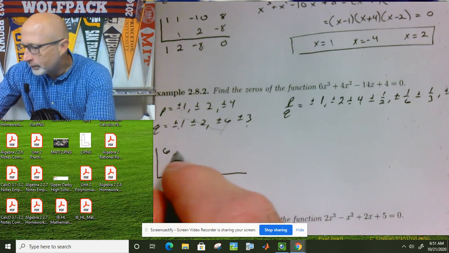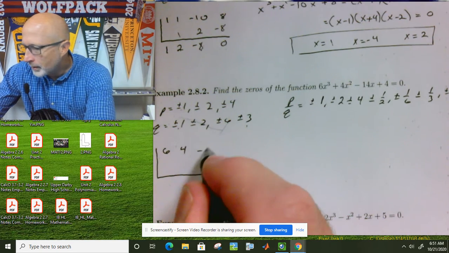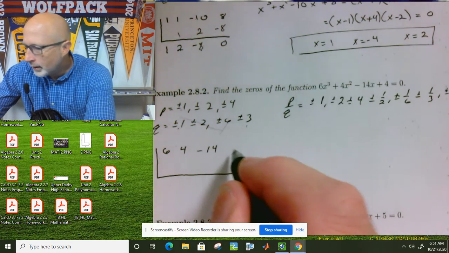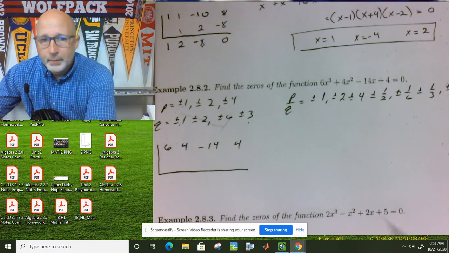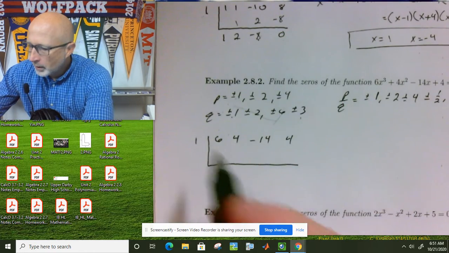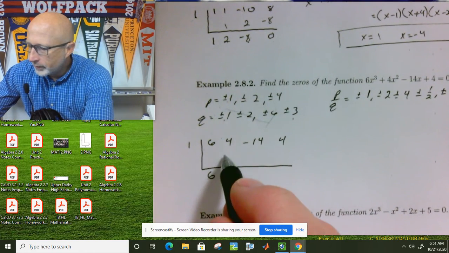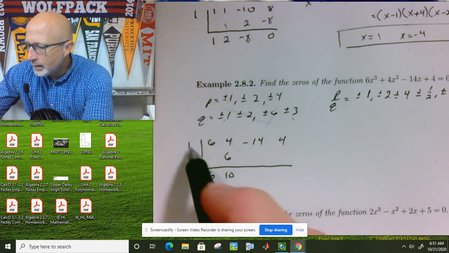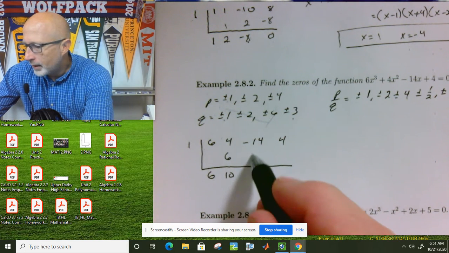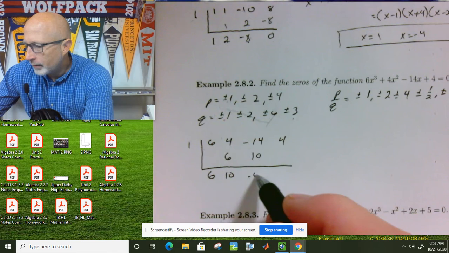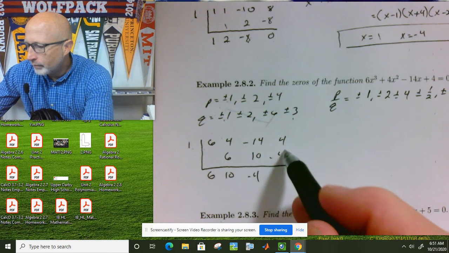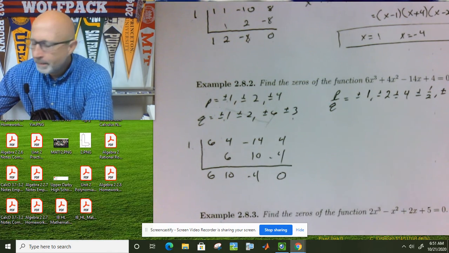So I'm going to write 6, 4, negative 14, 4, and then I just drop them down. So I have 6, 1 times 6 is 6, add them together, 10, 1 times 10 is 10, add them together, get negative 4, 1 times negative 4 is negative 4, and 0, so it goes in there evenly.